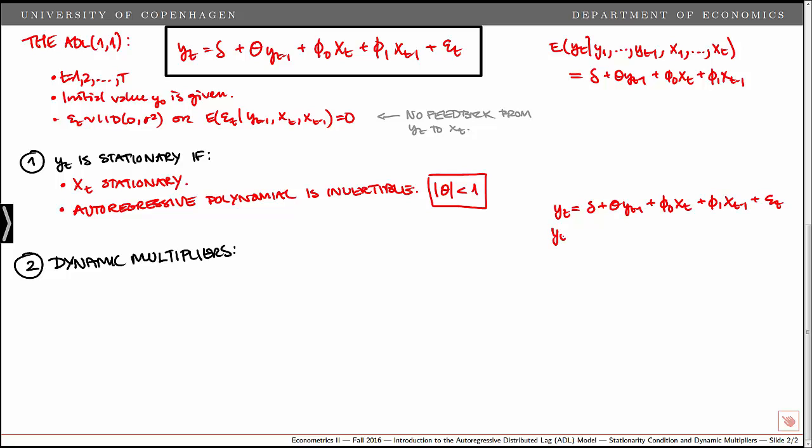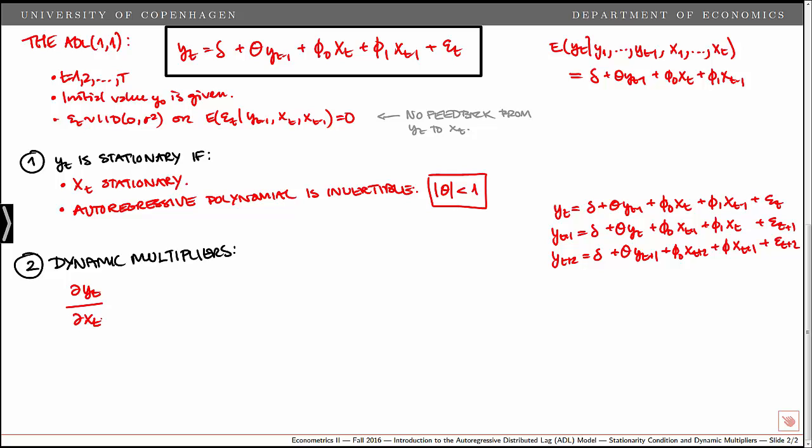We could do the same for t+1. And we could do it for t+2. Like this. So the first dynamic multiplier, that's the effect on y_t of a shock to x_t.